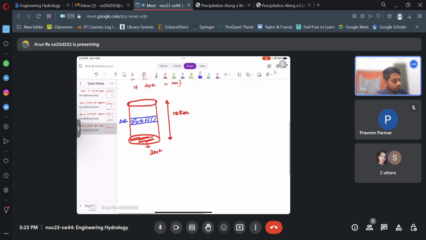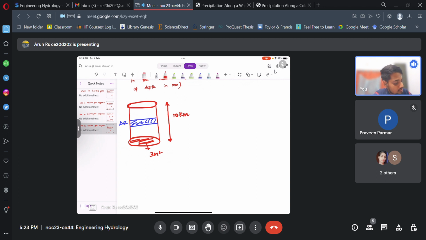For that we need to fix the delta Z. Delta Z depends on your accuracy, so the smaller the better.